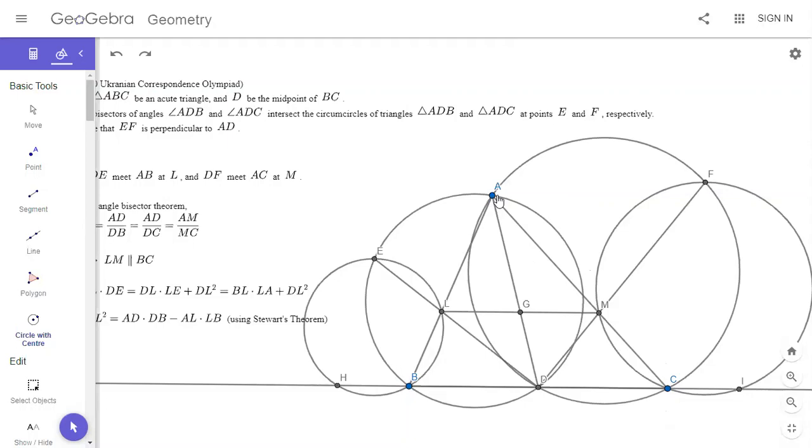And it's a result that one can compute the diagonal by knowing the four sides of the cyclic quadrilateral. So yeah, we have DB times DA is DL times DE. That's kind of interesting, right?